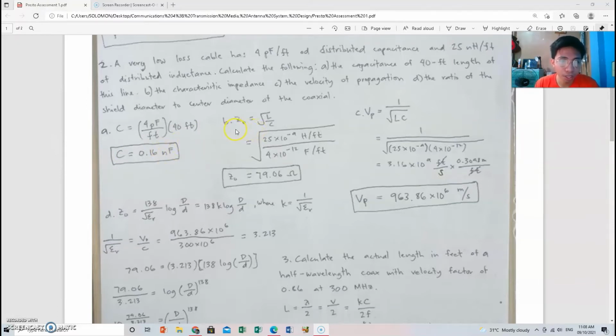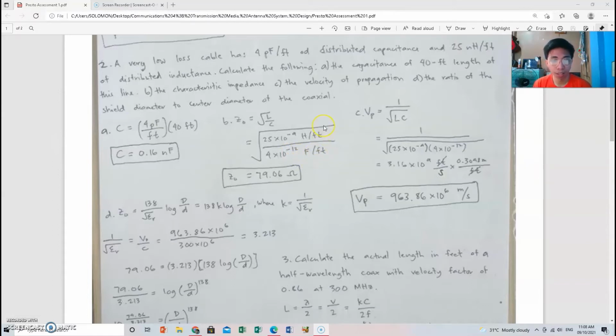Next, the characteristic impedance, it will be calculated in terms of L, or the inductance and capacitance. So the formula is characteristic impedance is equal to square root of L over C. So simply input the given values, that will be equal to square root of 25 times 10 to the power of negative 9 henries per feet over 4 times 10 to the power of negative 12 farads per feet.